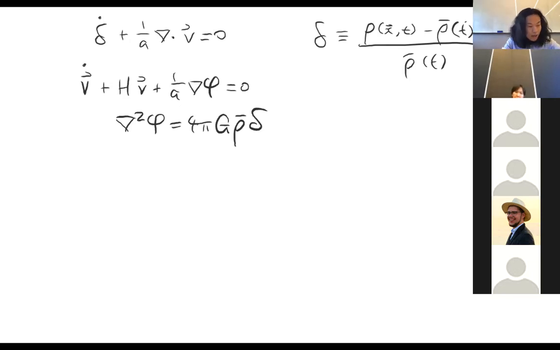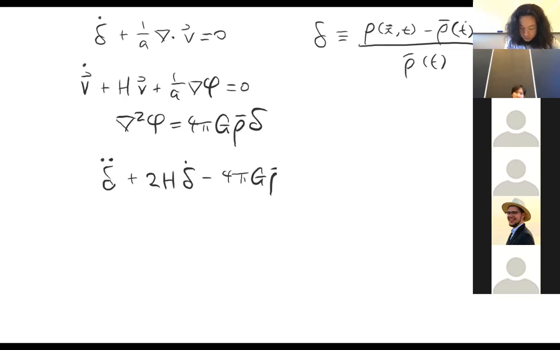You can combine all of these equations together into one second order differential equation, which is written as delta double dot plus 2H delta dot minus 4 pi G rho bar delta is equal to 0.